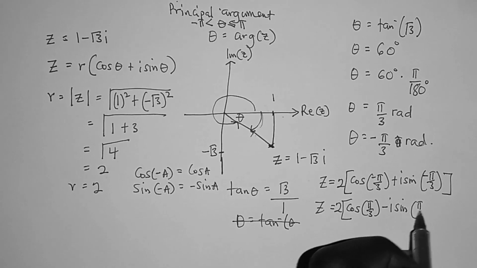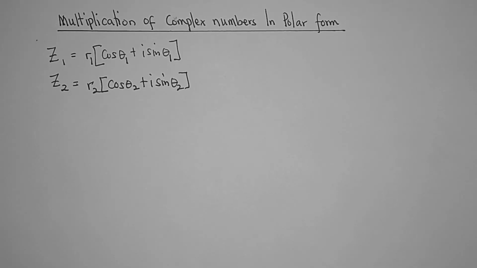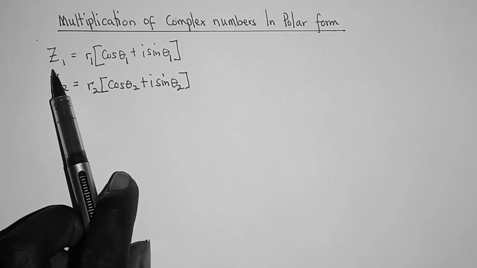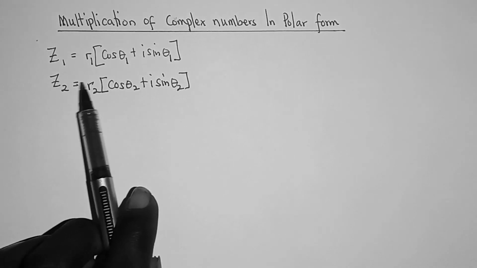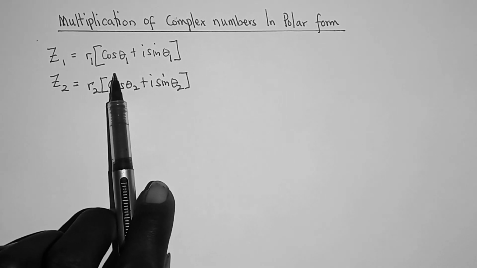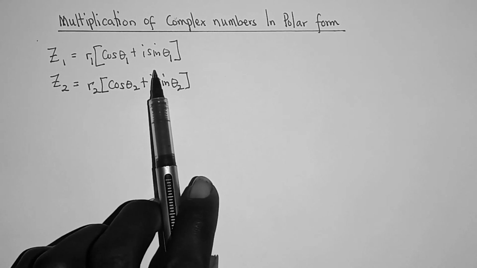Let's talk about the multiplication of complex numbers in polar form. Let's assume that we have a complex number z1, which is equal to r1 times the bracket of cos theta 1 plus i sine theta 1.